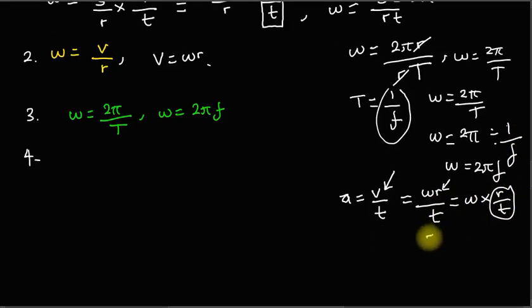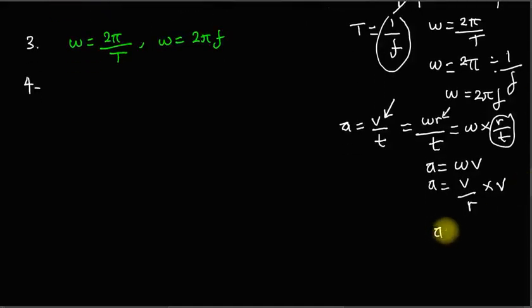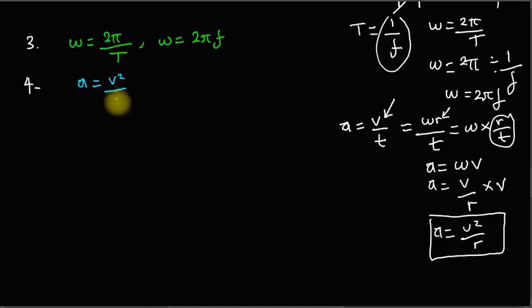So that means we have acceleration being equal to wv. So from here on, we also know that w is v over r. So we can say a is equal to v over r times v, and then we arrive at a is equal to v squared over r. This is centripetal acceleration. So we have centripetal acceleration given by v squared over r.